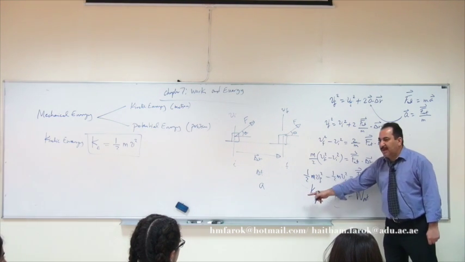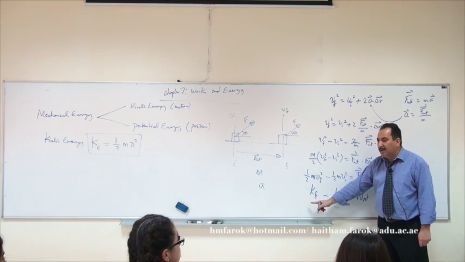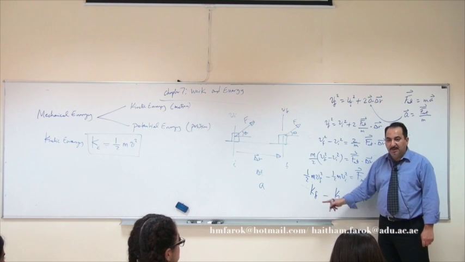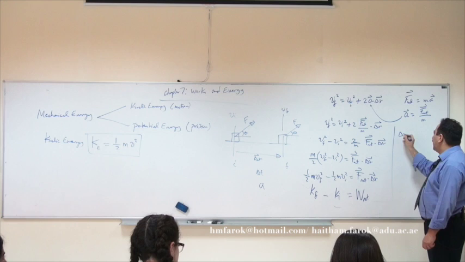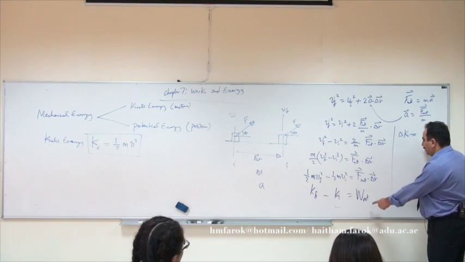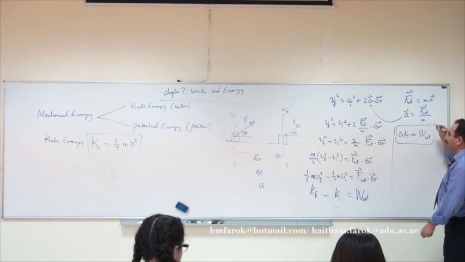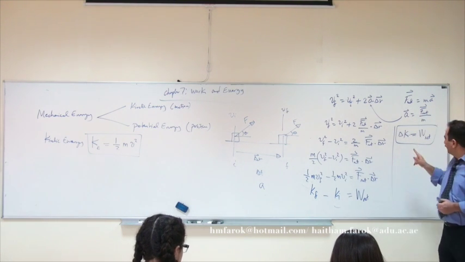So at the end of the day, I have a new equation, saying that K final minus K initial, it means the change in kinetic energy. So I can write it as delta K, change in kinetic energy, equal to W what? Net. Very good.